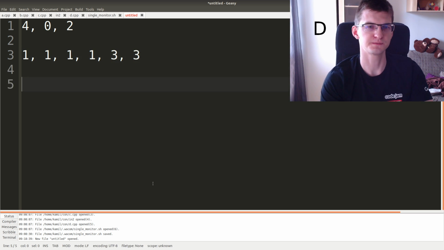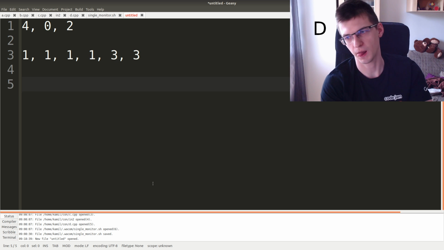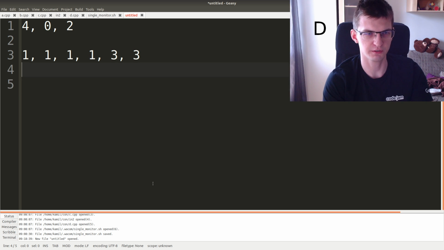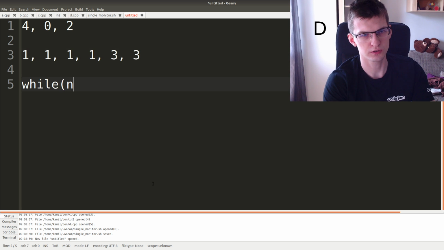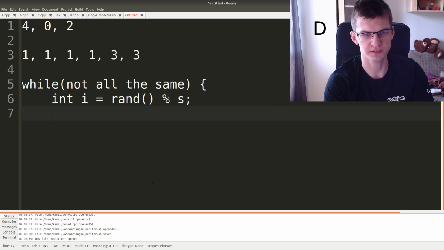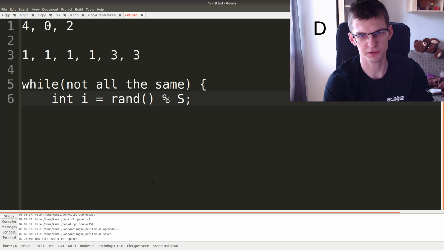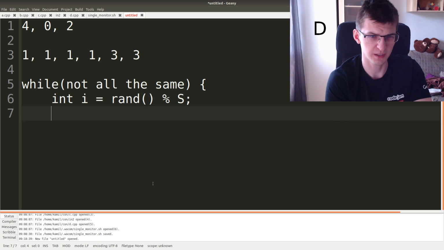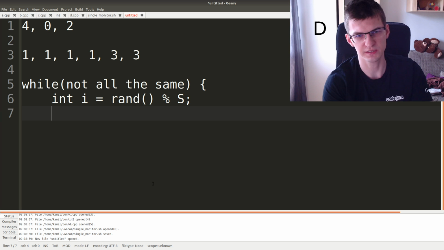So one simulation of this is to have this sequence of length s, and while not all the same, i is rand modulo s, the size of this sequence, the number of biscuits. I think it was uppercase S in the problem. Let's say S is the total number of biscuits.